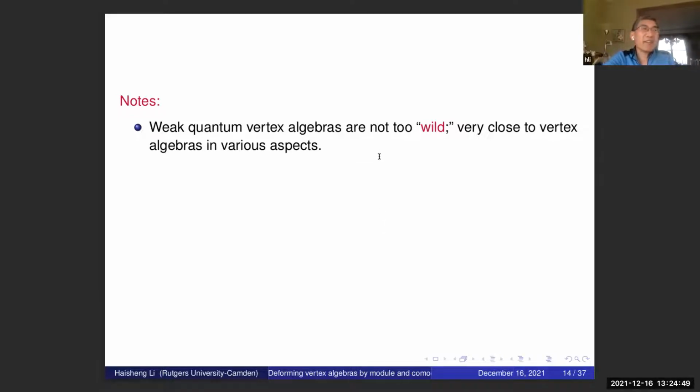Here we want to say weak quantum vertex algebra is not too wide. If you look at the axioms, you still have certain Jacobi identities. So the key thing is that for weak quantum vertex algebra, you can develop the theory in a similar way to the usual vertex algebra.